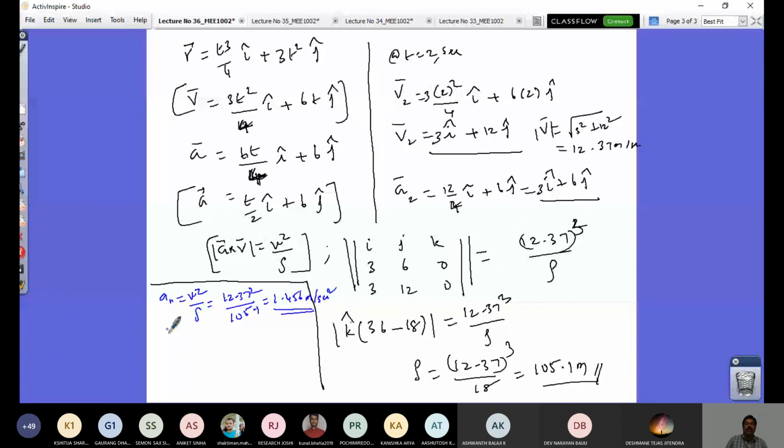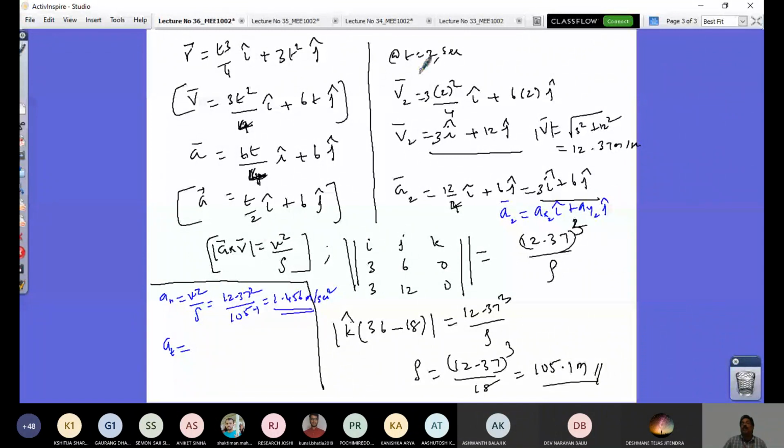And now what is my a_t? How do I get a_t? I can express my total acceleration here, whatever I have. Acceleration 2 is expressed as a_x2 i plus a_y2 j. Subscript 2 refers to the time instant. So rectangular components are represented.